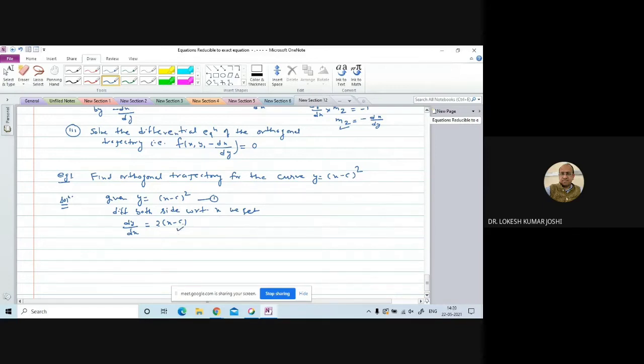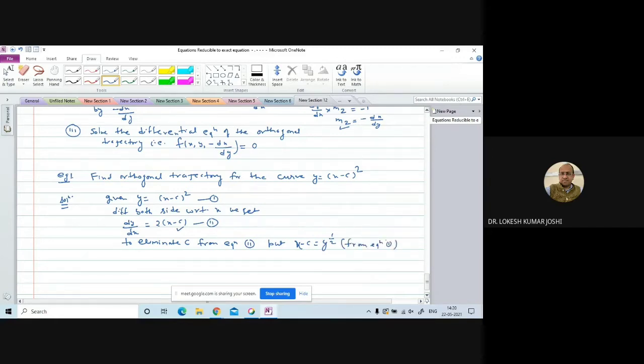Now how can we eliminate this arbitrary constant c? If we see the differential equation, this x - c is replaced by the square root of y. Therefore, to eliminate c from equation 2, put x - c = y^(1/2). And from where do we get this x - c = y^(1/2)? We get it from equation number 1.